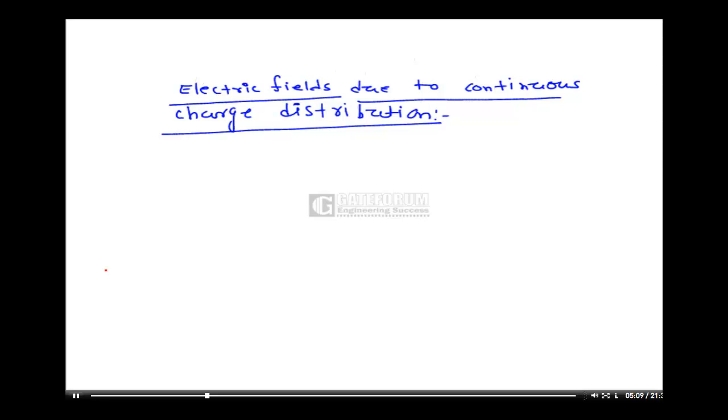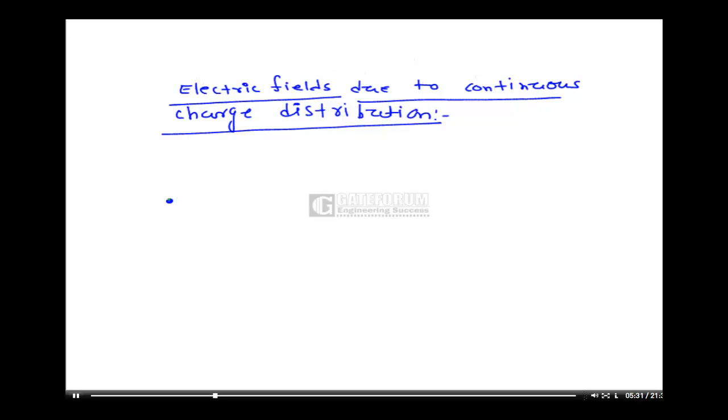Now we will discuss continuous charge distributions along a line, on a surface, or in a volume, and we will calculate the electric field intensity due to these charge distributions.